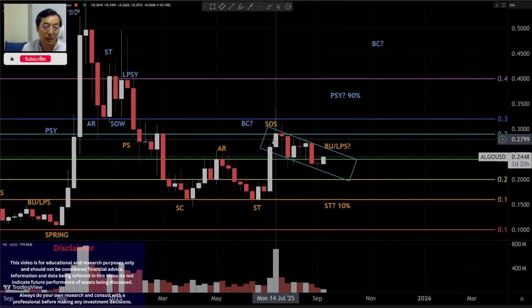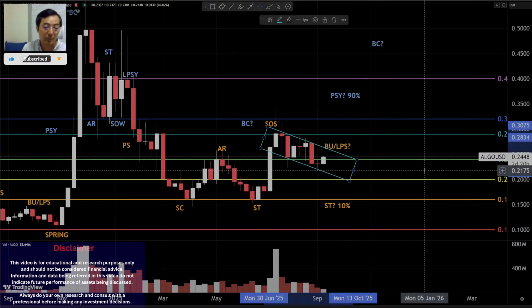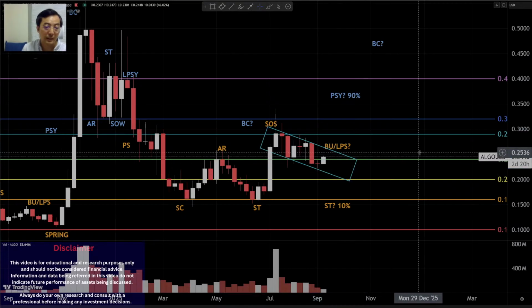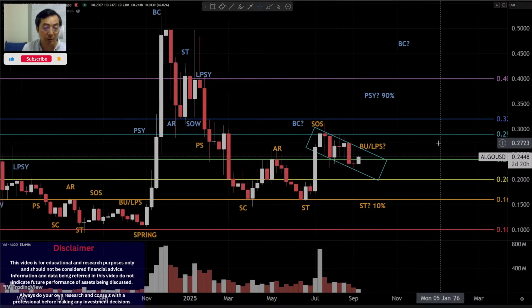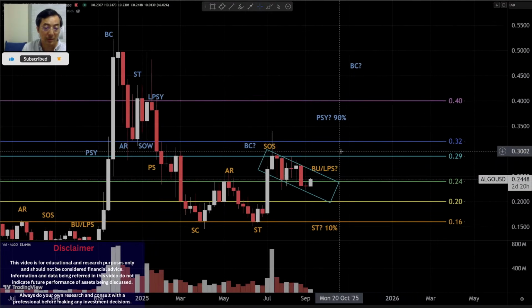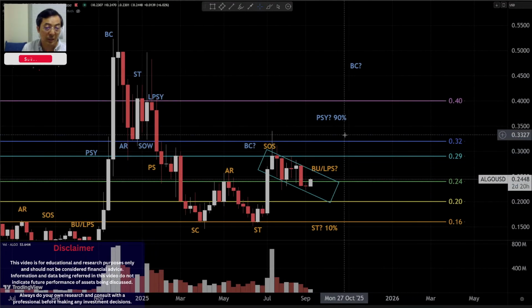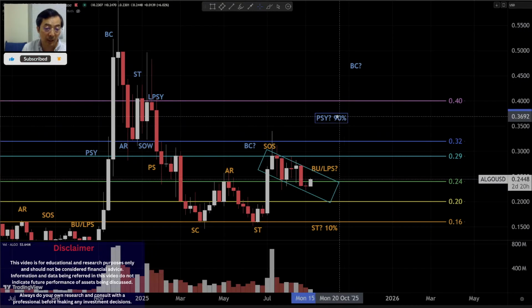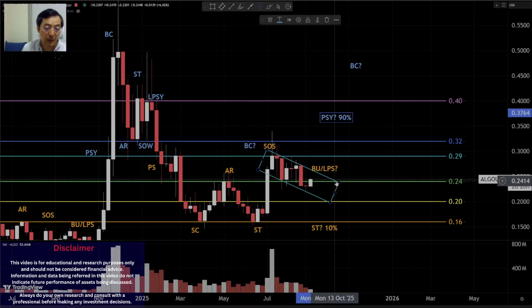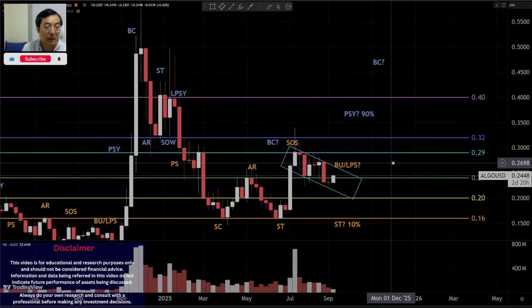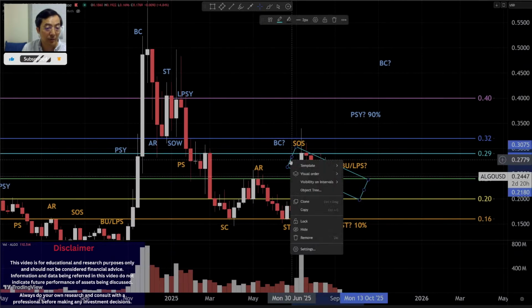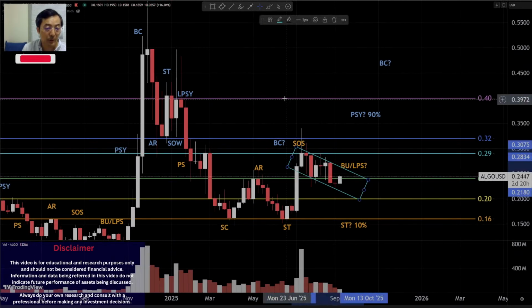However, combining Wyckoff, this bull flag and also the Bollinger Band corner squeeze, it seems like the breakout towards the upside is still more likely when we get closer to mid-October. So that's the first macro view on weekly.